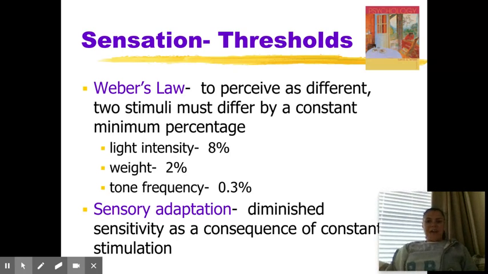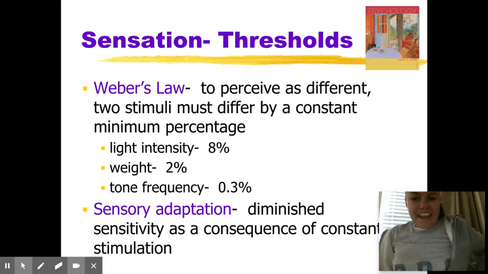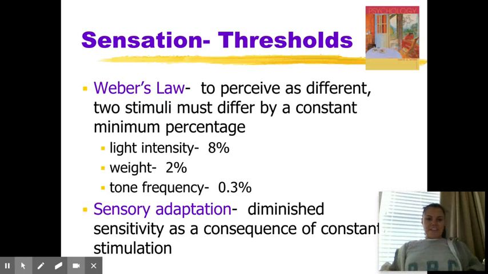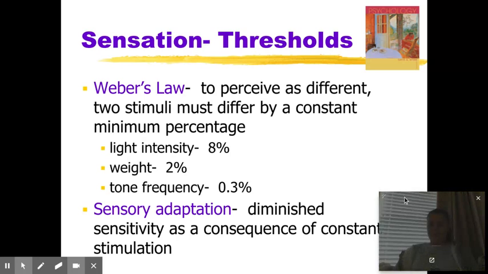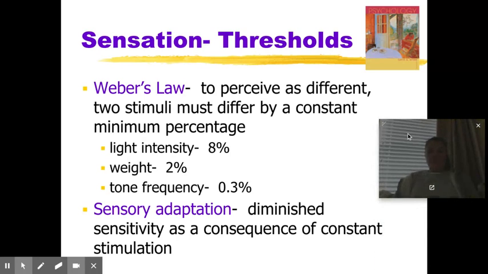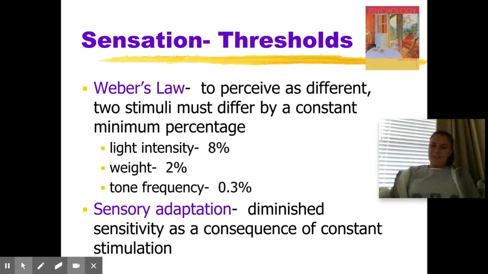All right, so sensory adaptation is when we have a diminished sensitivity as a consequence of constant stimulation. So we've talked about this before. We talked about this when it came to our memory of things, how we tend to ignore the feeling of our shirt on our arm or our shoes on our feet.